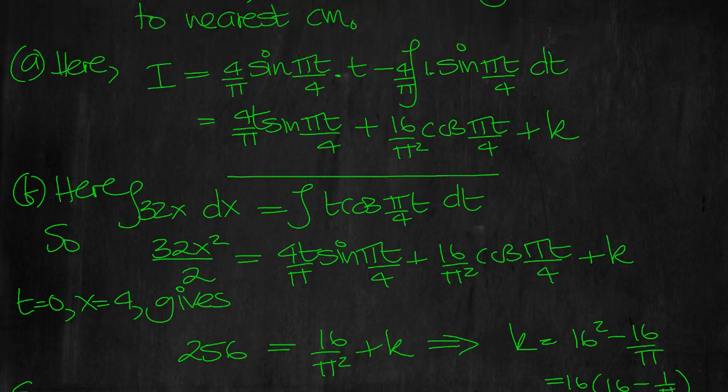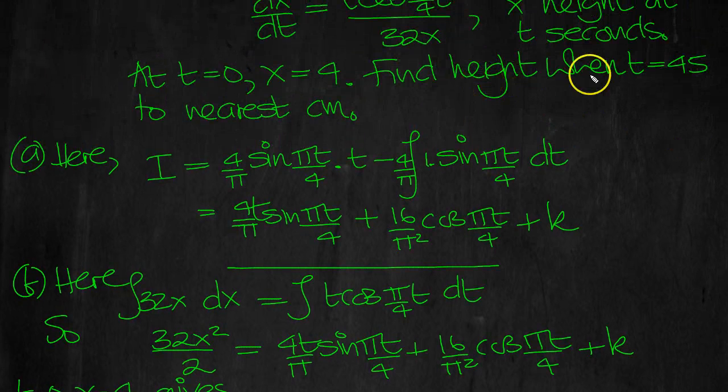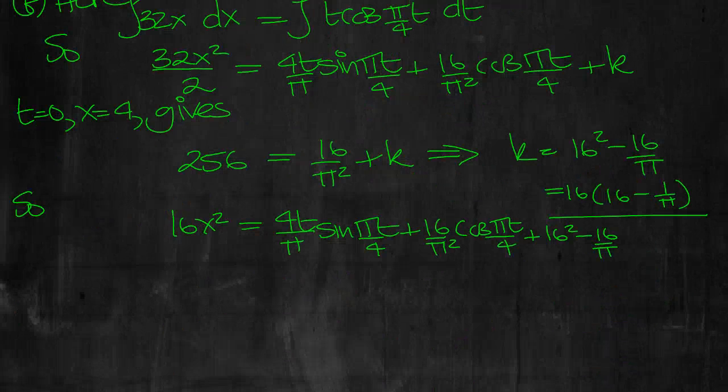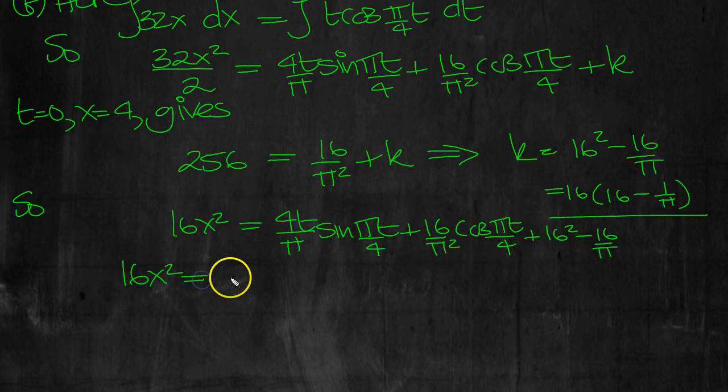So there's our equation, and the question says find the height when t is 45. That's not nice, is it? To the nearest centimetre.